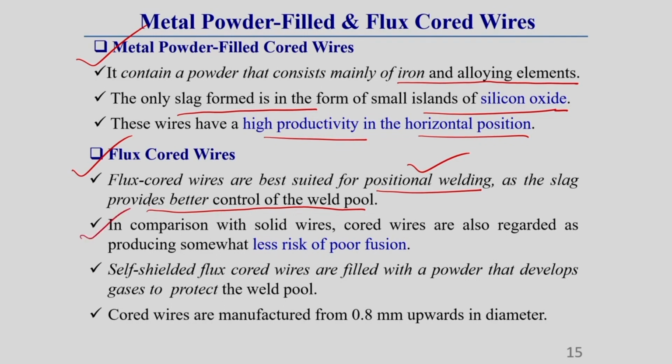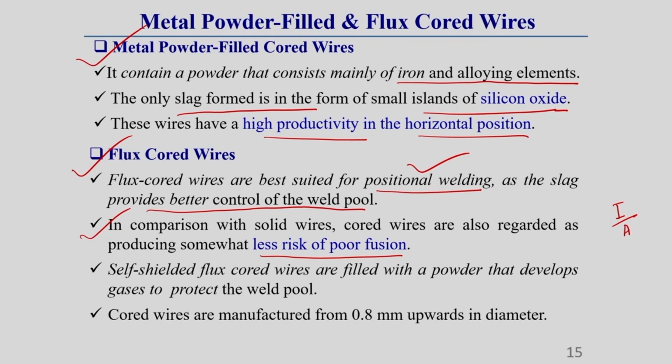In comparison with solid wire, core wires are also regarded as providing somewhat less risk of poor fusion. As flux core is used, the current density increases, because the flux inside will not carry current; only the outer solid ring will carry the current. So the cross sectional area for carrying current will be less, and the current density will be more, because current density is current per cross sectional area through which the current is flowing.